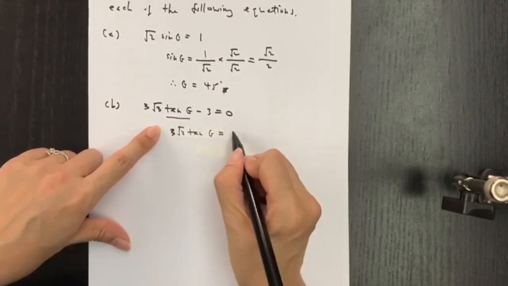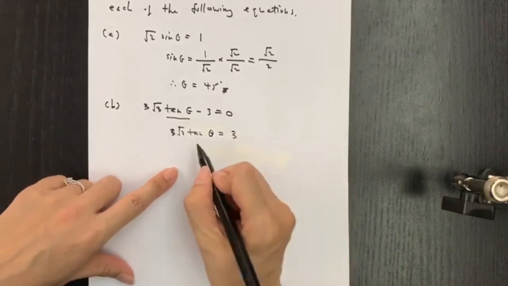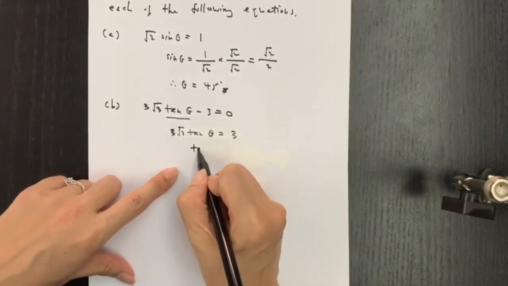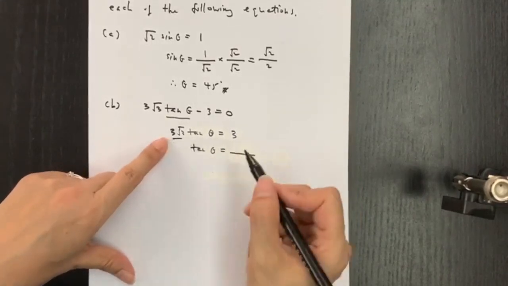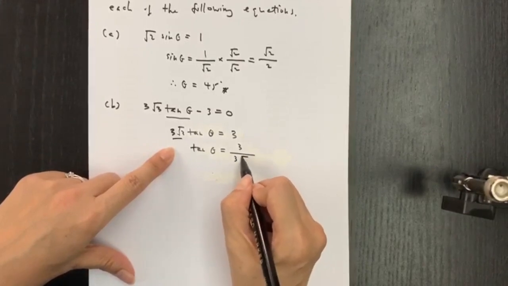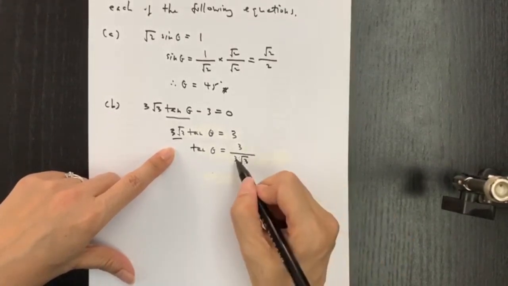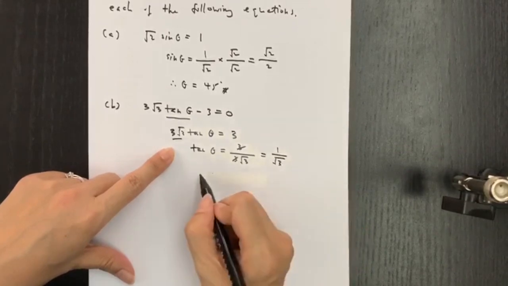This is minus 3, so that would be plus 3. So 3 root 3 tangent theta is equal to, the whole thing moves to the right hand side, so that would be 3 over 3 root 3, and then cancel out, so I have 1 over root 3.